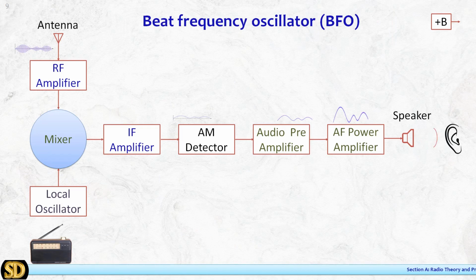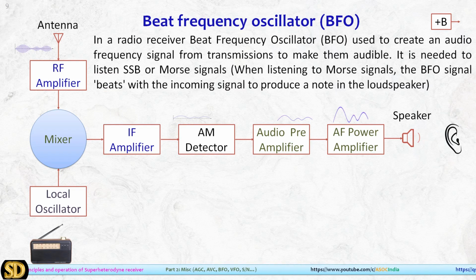BFO, beat frequency oscillator, is another type of oscillator, and it is very much used in radio receivers, especially in commercial and amateur radio when we are working on single sideband or continuous wave Morse code stations. In a radio receiver, a BFO is used to create an audio frequency signal from transmissions to make them audible.